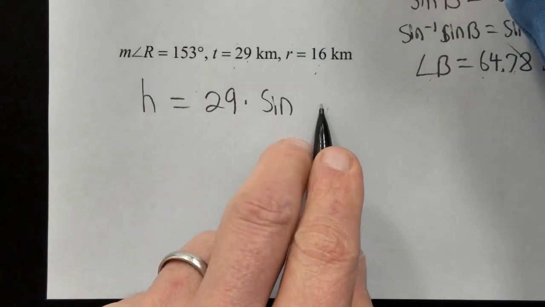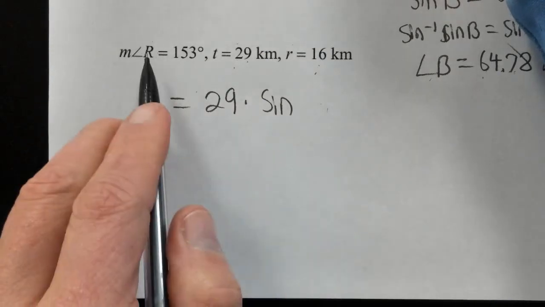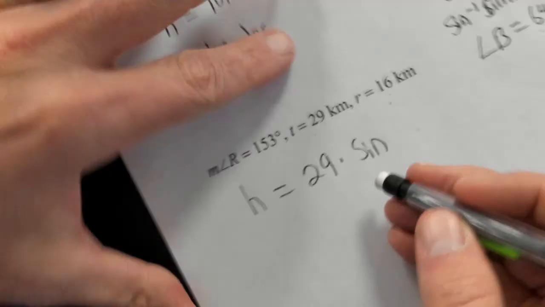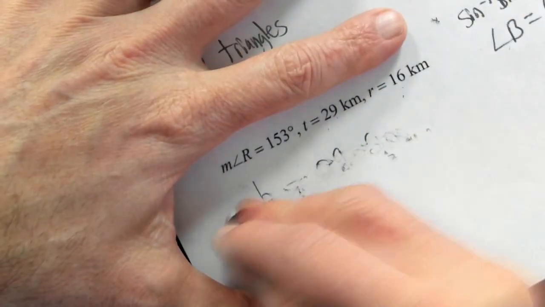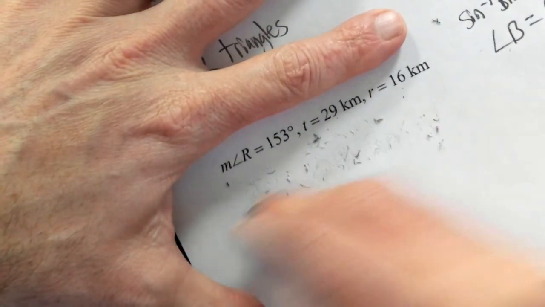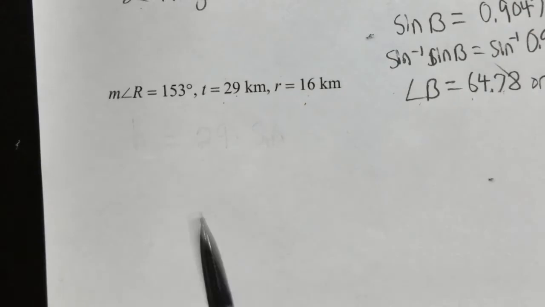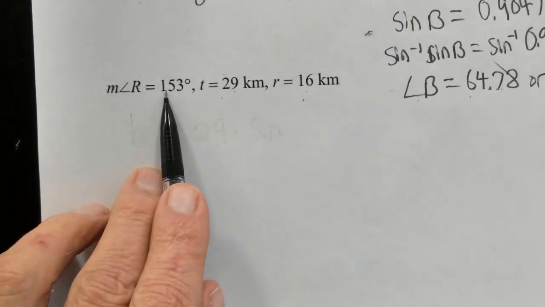So when you go and plug this in and take a look at this, okay, so really calculating the H here, I'm going to erase this and let me show you why. Okay? Take a look at the angle here. It's 153. Well, remember, that's an obtuse angle.